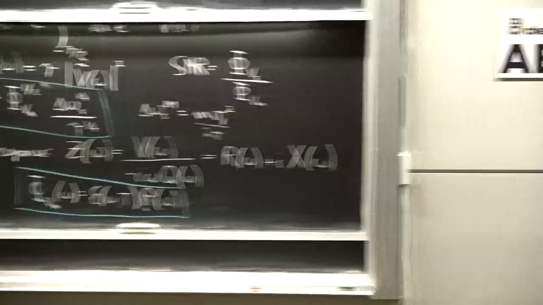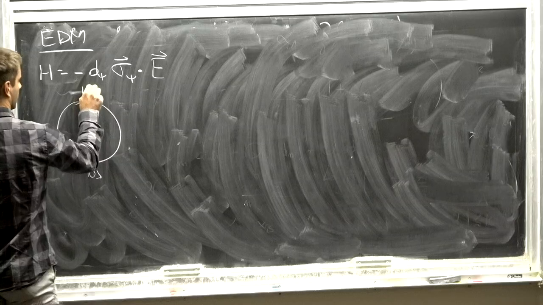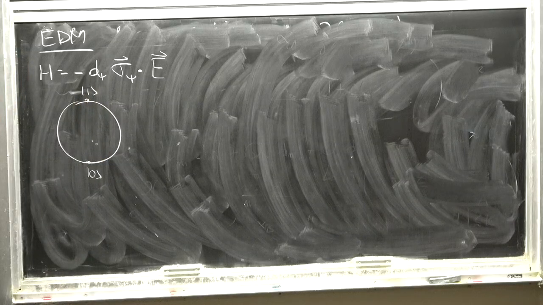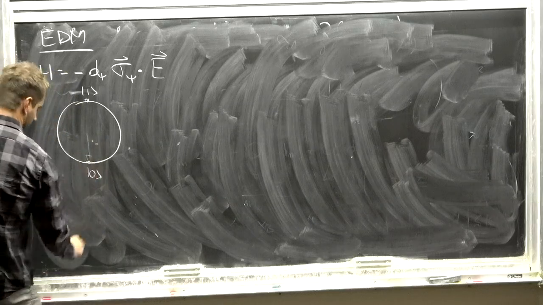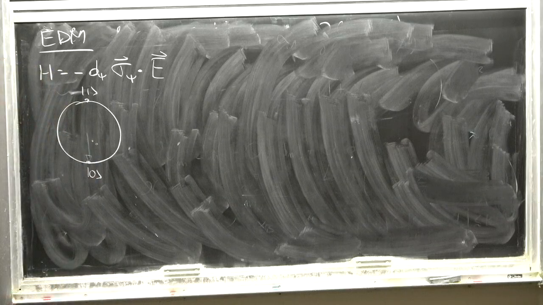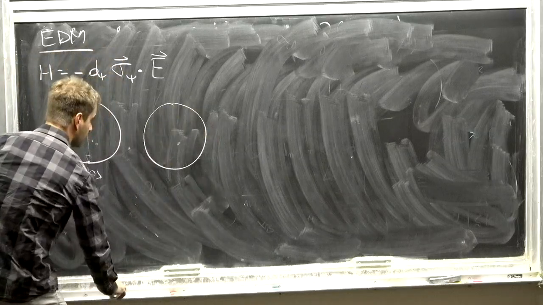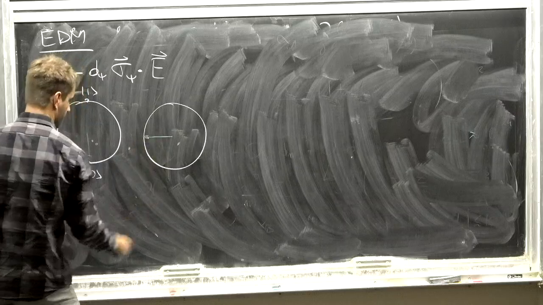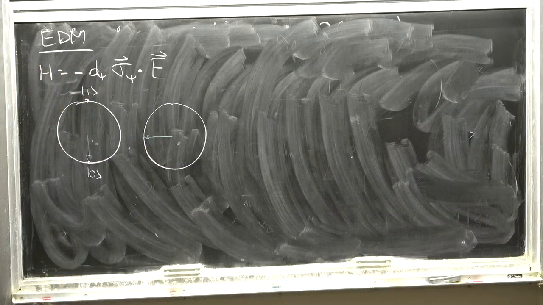Okay, and so effectively what you do in an electric dipole moment experiment is you have your spin system. Let's say this is spin down and spin up of the neutron, for example. You start with your system in the spin down state, and then you apply some magnetic field, and your spin is pointing in the, I guess, minus x direction in this case.